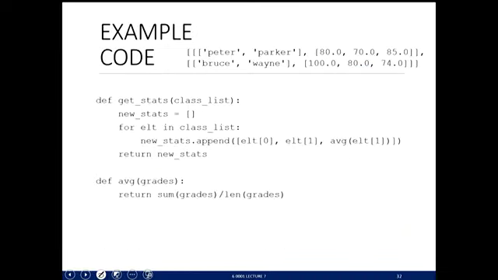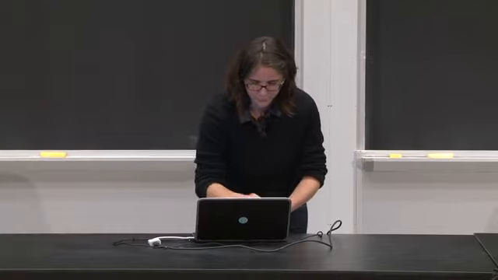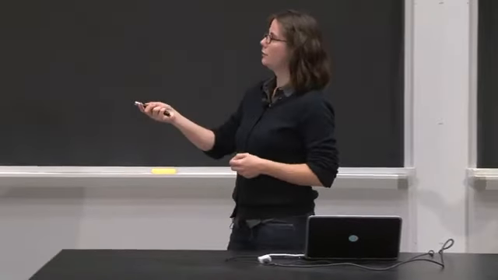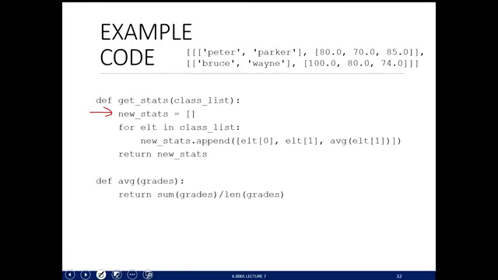So let's look at the code. This is a function that takes the class list, which is this whole list here. I'm creating a new list inside it, initially empty. And then I'm going for every element in the class list. I'm appending element at 0, which is going to be this first list here, so it's going to be the first name and the last name.